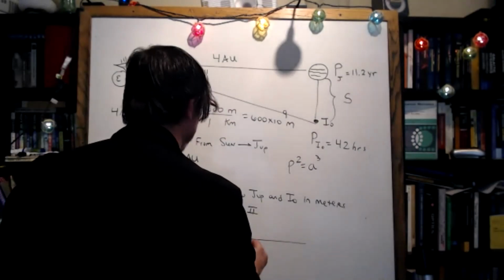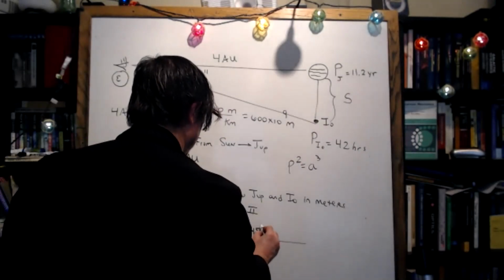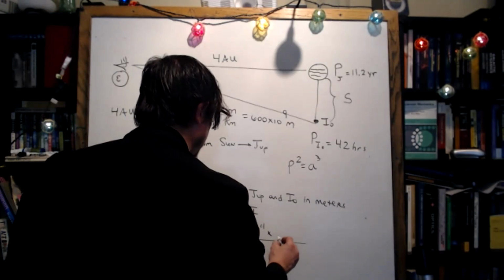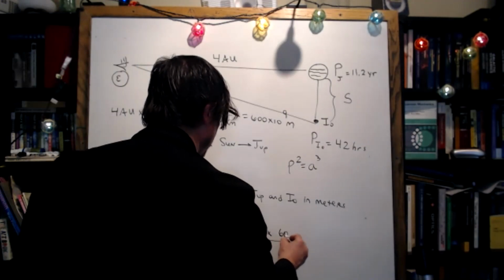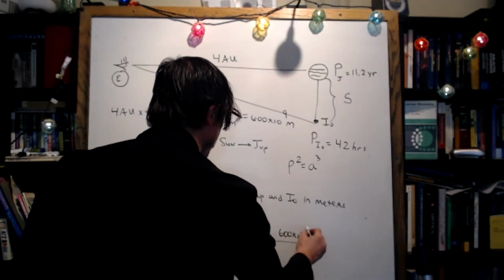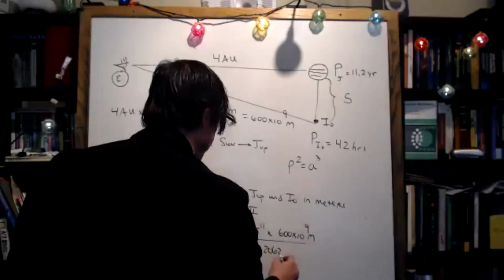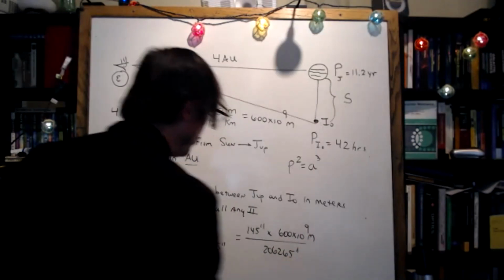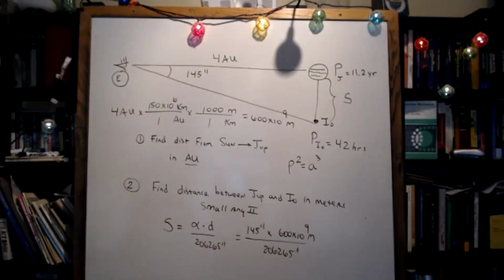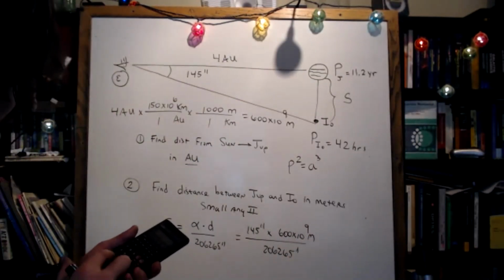The angular size is 145 arc seconds times a distance of 600 billion meters over 206,265 arc seconds. Let's punch that up together.